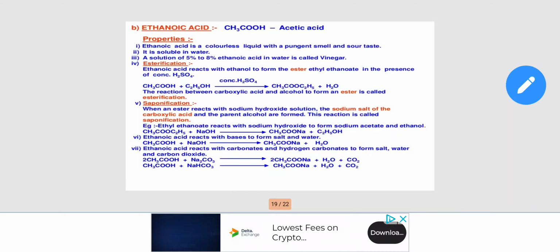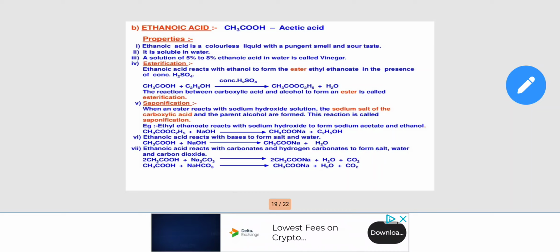Saponification. When an ester reacts with sodium hydroxide solution, the sodium salt of the carboxylic acid and the alcohol are formed. This reaction is called saponification.